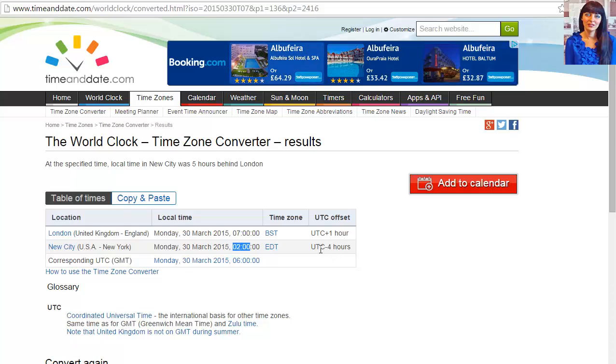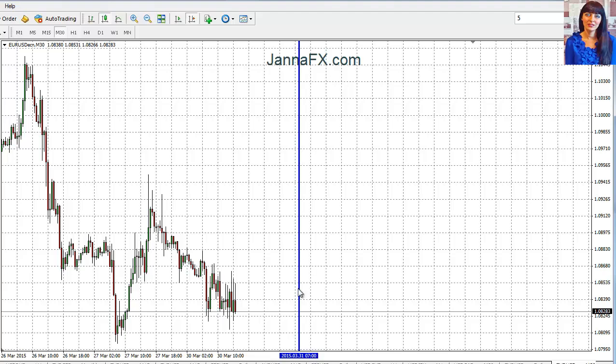So you can see it's UTC -4, and if London is UTC +1, then we can see that UTC GMT time would be 6 o'clock in the morning, which is in our terminal. So I figured out that it's in my terminal, and so I can, for example, change it to 6 o'clock.